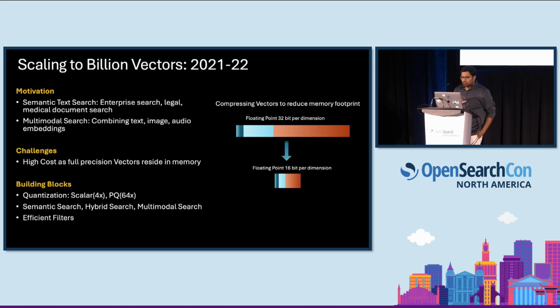And with the quantization, we are able to cut down memory footprint, but to enable semantic search, to enable multimodal search, we should let users bring their workloads in an easily onboardable way. So OpenSearch introduced users to plug in their models.